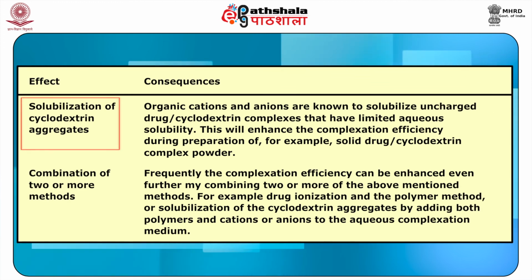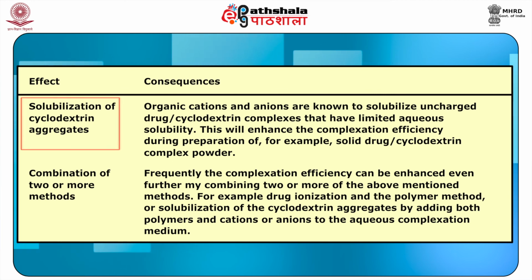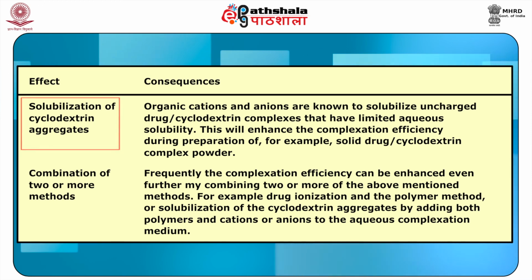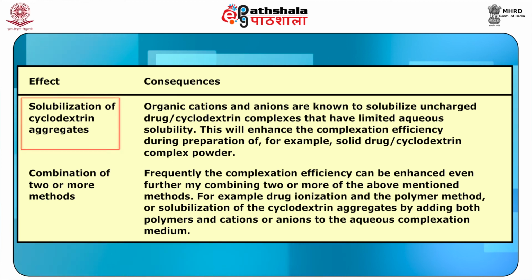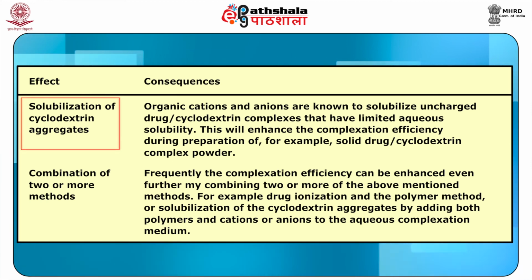Another method is solubilization of cyclodextrin aggregates. The organic cations and anions are known to solubilize the uncharged drug cyclodextrin complexes that have limited aqueous solubility. This will enhance the complexation efficiency during the preparation of, for example, a solid drug cyclodextrin complex powder.